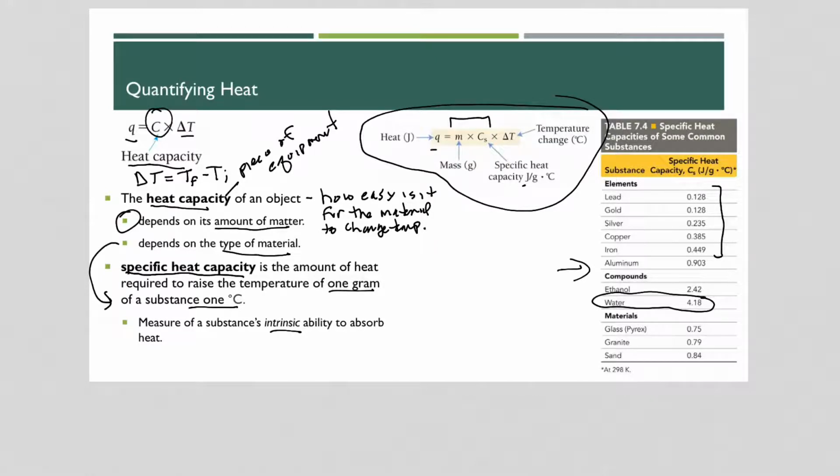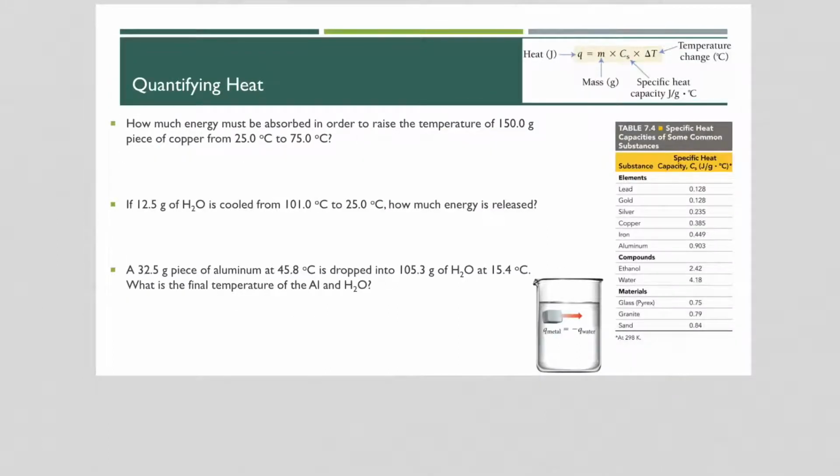Okay, so now we have this idea of how to do it. So let's do an example. Our first example says: how much energy must be absorbed in order to raise the temperature of a 150 gram piece of copper from 25.0 Celsius to 75.0 Celsius?